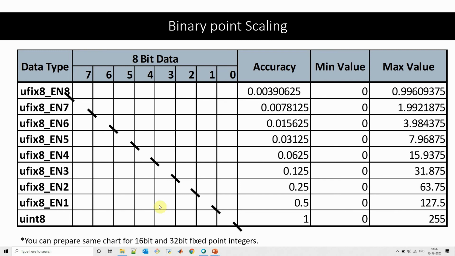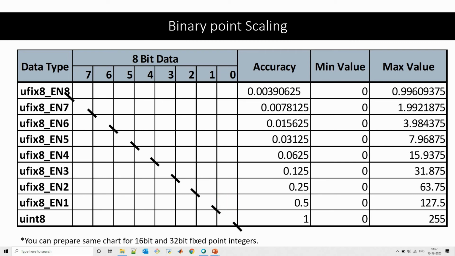So for unsigned integer 8, the range is 0 to 255. When we shift the decimal point towards left by one position, the accuracy becomes 0.5 and the maximum value changes to 127.5. So the left side part becomes the integer part and this last bit becomes a fractional part.